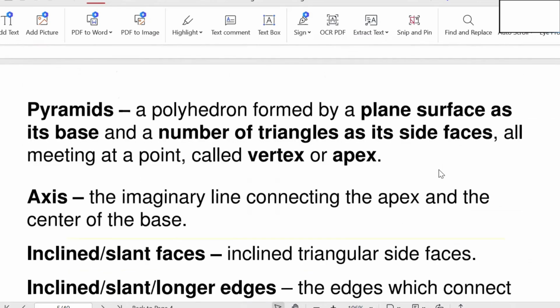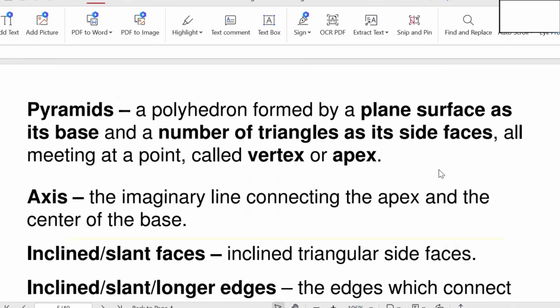Then coming to pyramids. What is a pyramid? In the case of a prism, there are two similar end faces, joined by rectangles. In the case of a pyramid, it consists of only one end base. It has a base only. At the other end there is a point, known as the apex or vertex. The base is joined with an apex.